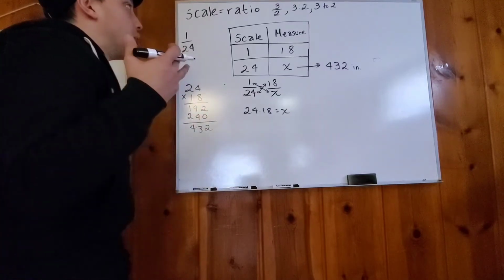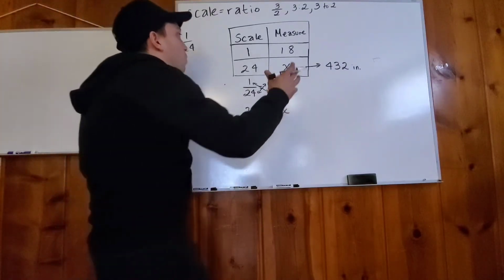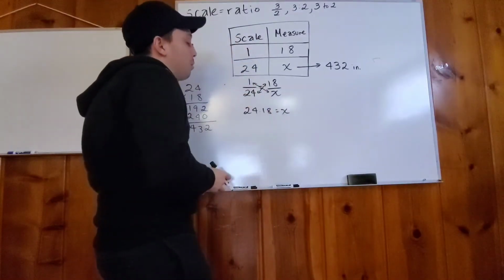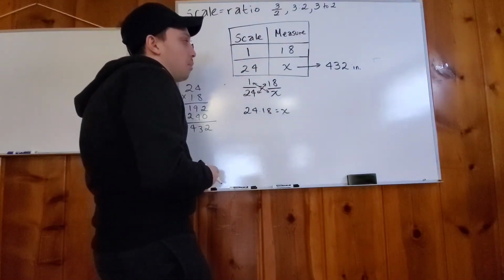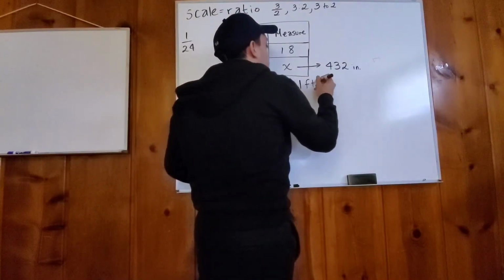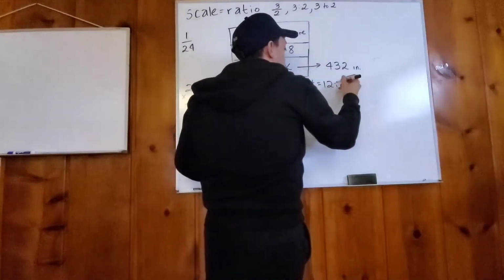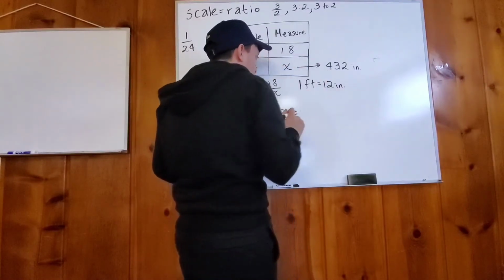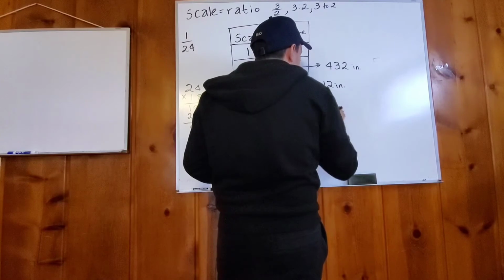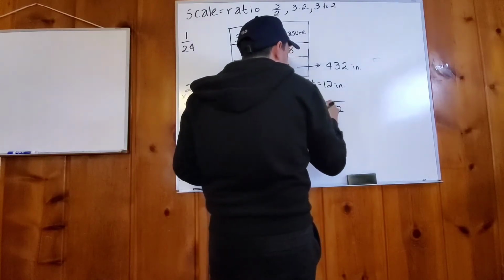And so if it's 18 inches, it would be 432 inches, the wingspan. But that does not tell me in feet how much it is. So you have to remember that 1 foot equals 12 inches. So now we have to divide 432 by 12.